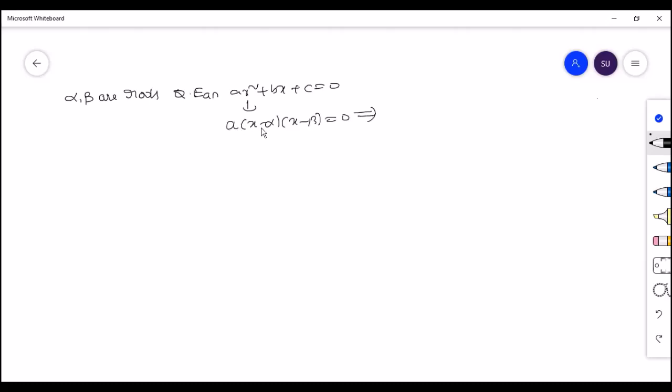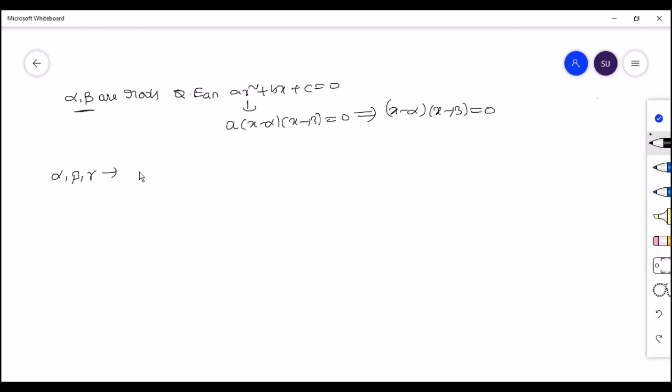Since it is an equation, you can send a to the right side, so x minus alpha into x minus beta is equal to 0.